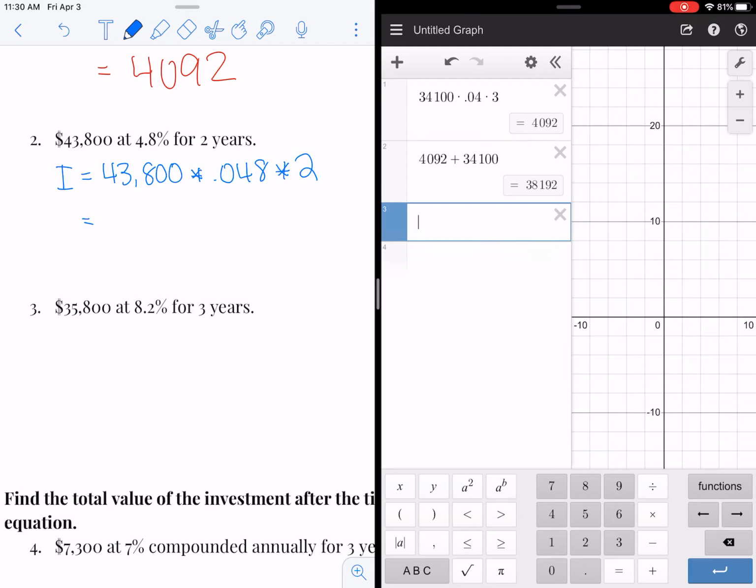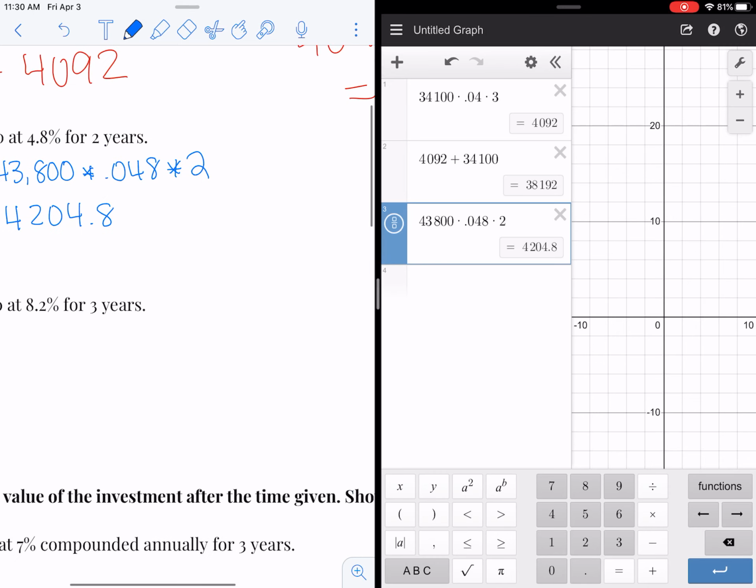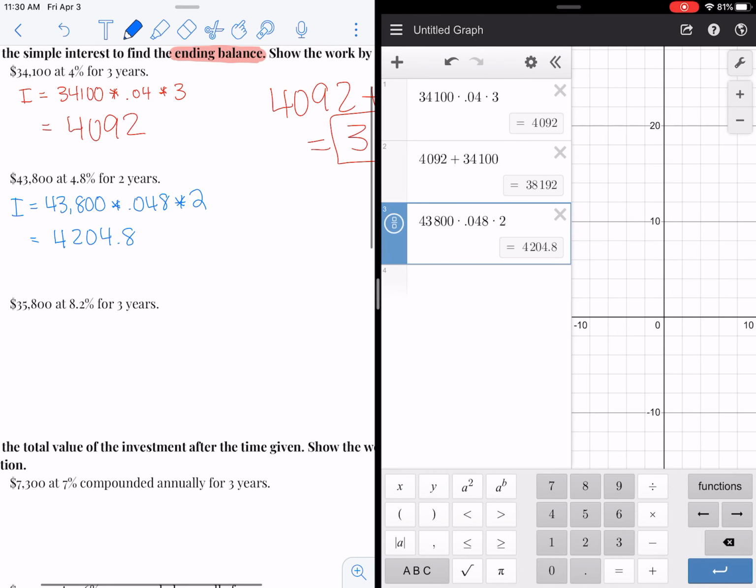So I'm going to add another line for another new row. And then that gives you $4,204.80. And then we would have to add that back on to the principal.